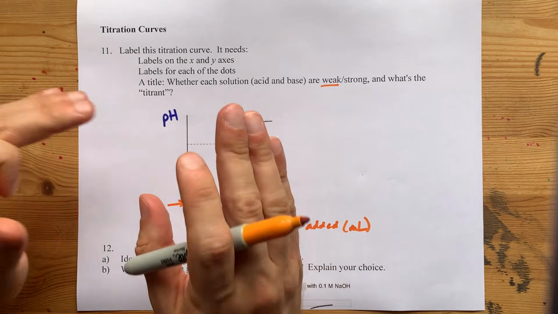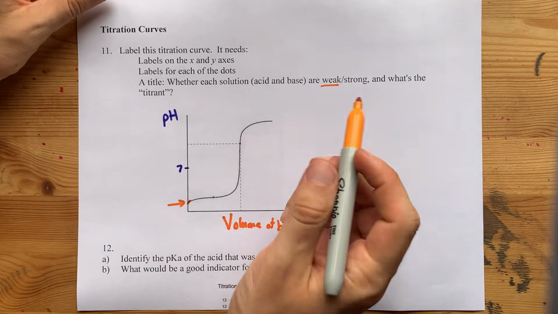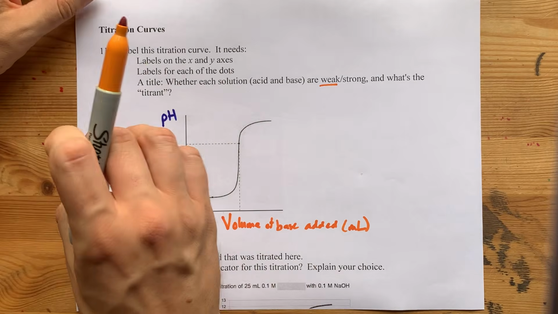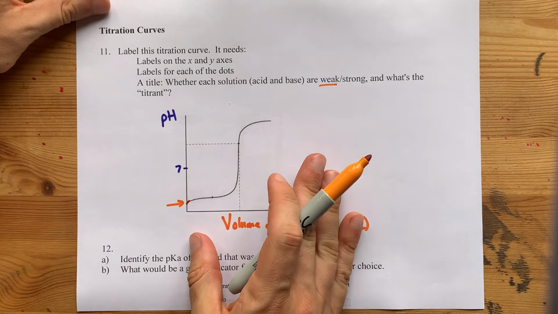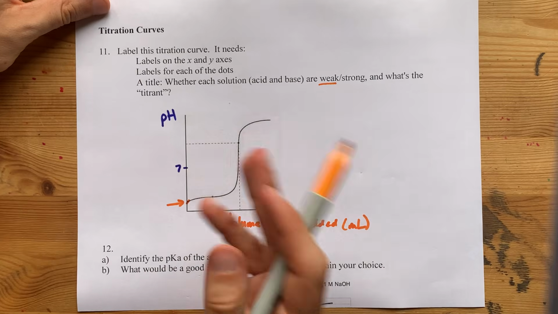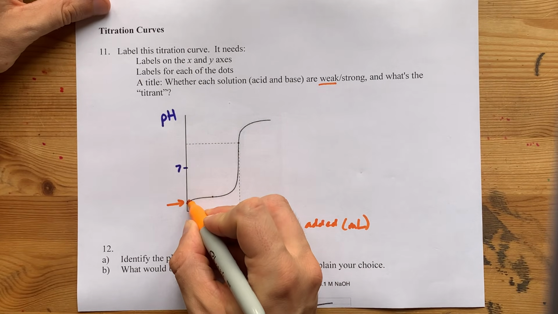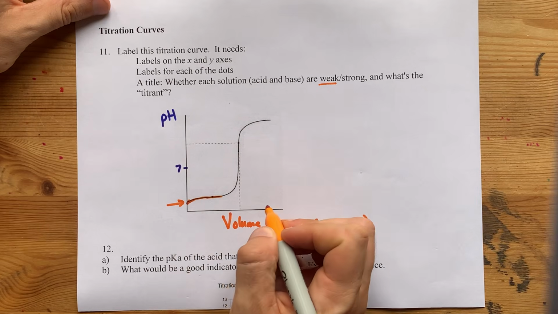So instead of your base that you're adding, all you're really doing is converting weak acid into its conjugate base, and you're not actually adding OH minus. You're just doing some work with it. That causes it to flatten here.